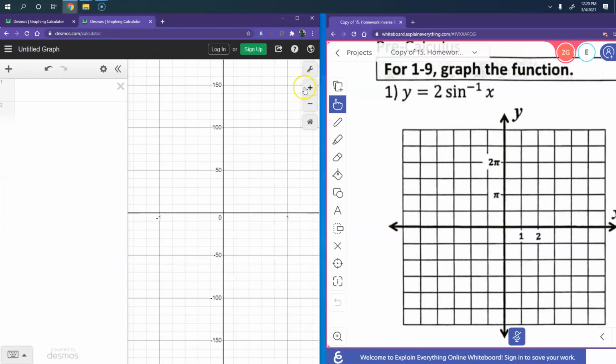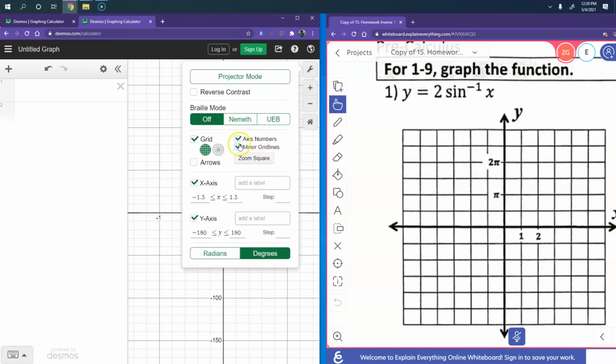I'm going to explain how to graph inverse sine using the Desmos calculator. What you need to do is go to your wrench, make sure that you're in degrees. I know it's in radians here, but this is going to make your life easier. We know the domain is from -1 to 1, so I added 0.5 on either side so I can have that extra space.